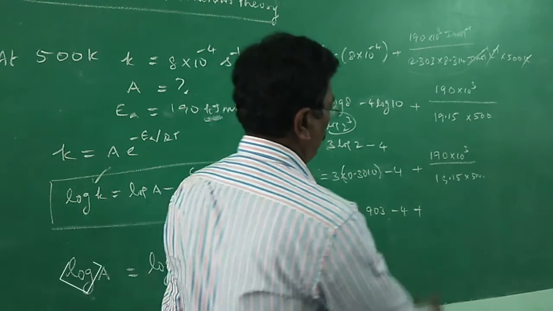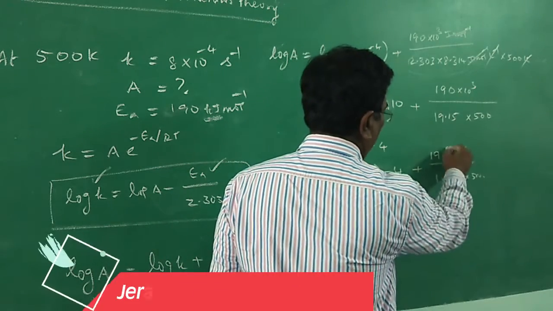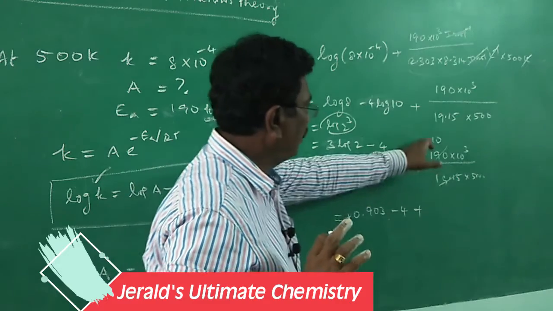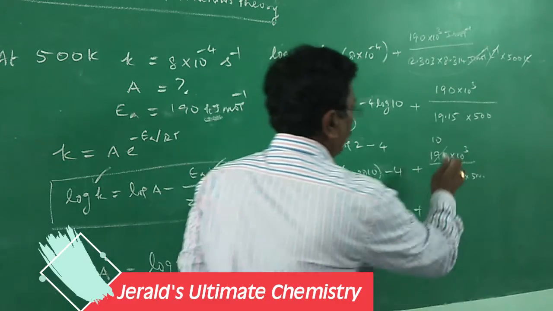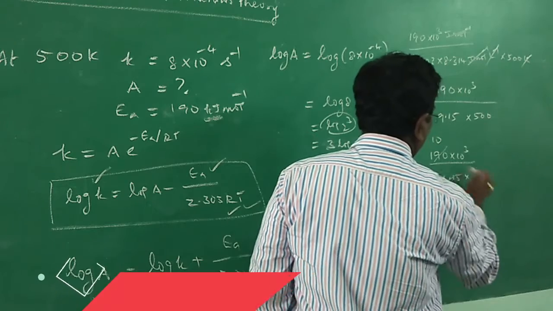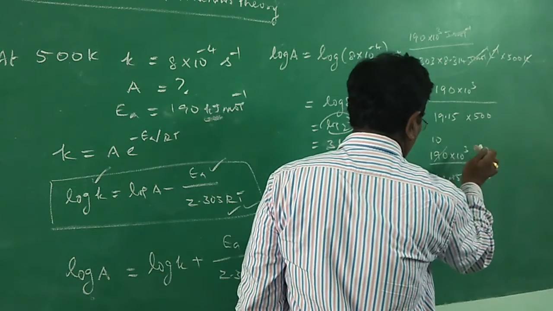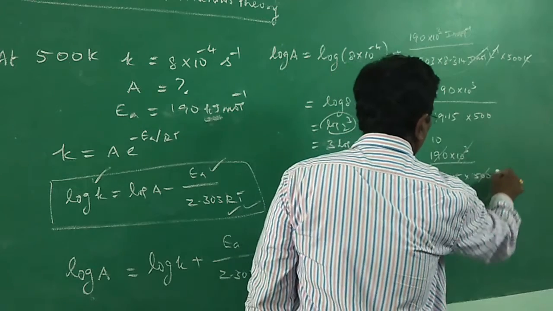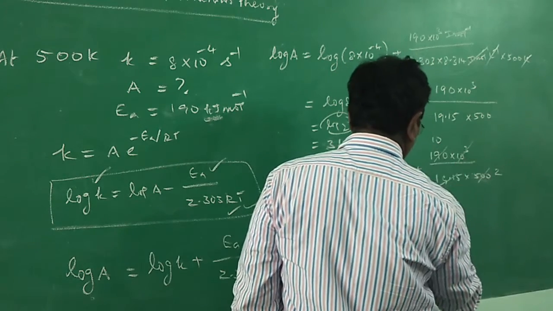Approximate again: 19.15 is approximately 20, ten times approximately, of course less than that. Here you have 10,000. Here 1,000 at the numerator, 500 at the denominator, therefore 2 by 10 power 5.